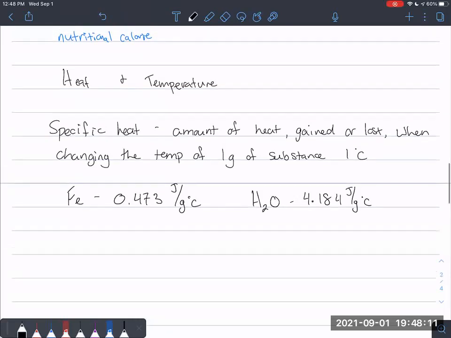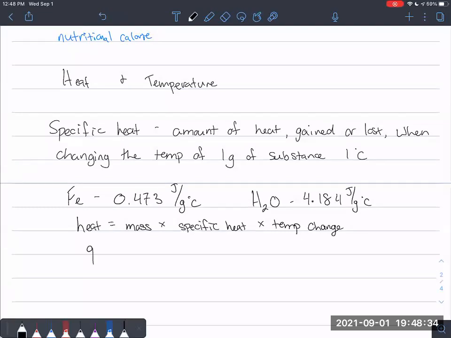Heat is equal to mass times specific heat capacity times the temperature change.